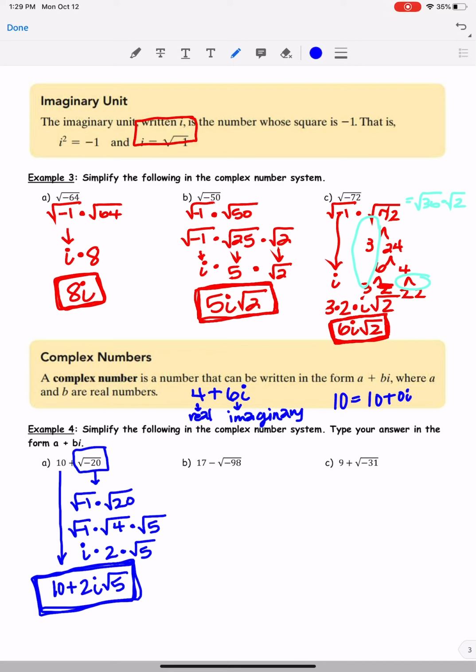Okay, I'm just going to focus on this part again. This is the square root of negative 1 times the square root of 98. This is one I don't know my multiples for, so I'm going to break this down. I know it's even, so a 2 will go into it. 98 divided by 2 is going to give me 49. 49 is a perfect square because that's 7 and 7.